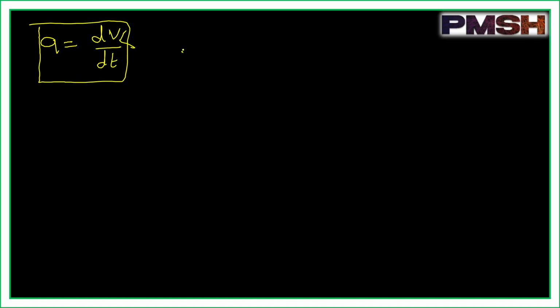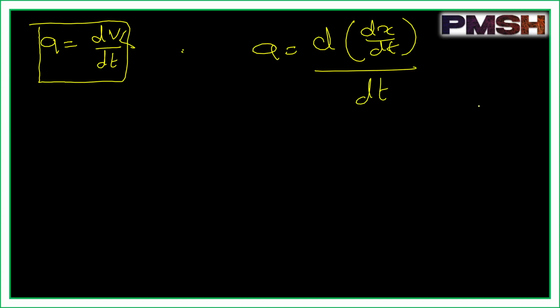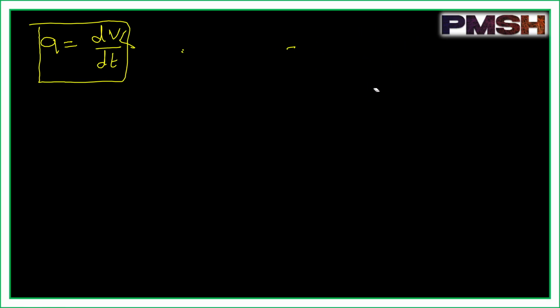This equation a becomes d of dx by dt with respect to dt. This is mathematically written like this. That could be written in a simple manner.